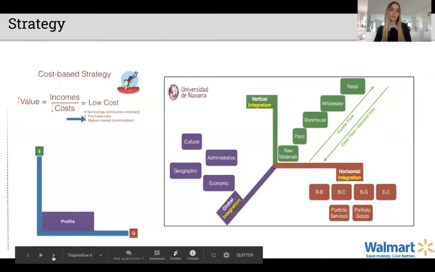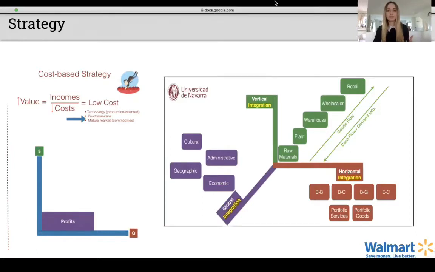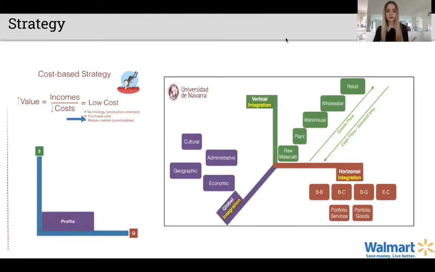For the strategy, we think it is a cost-based strategy because Walmart focuses on costs, and their main strategy is to be competitive in terms of assortment, differentiating in the way people access, leading in terms of price, and delivering an incredible experience within the motto of everyday low prices.